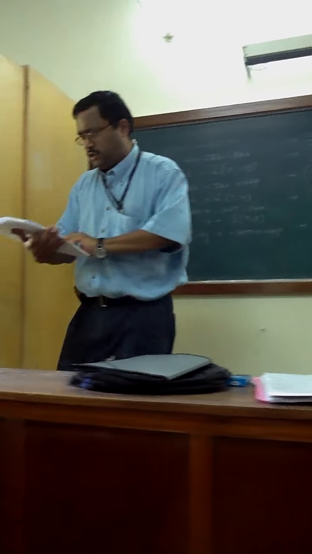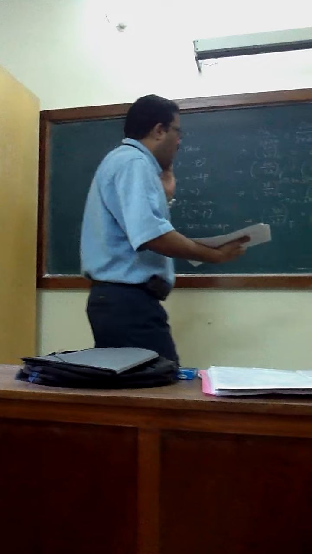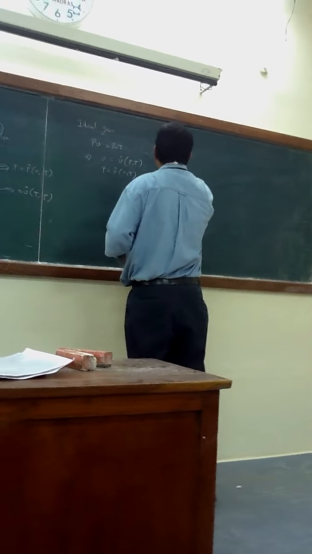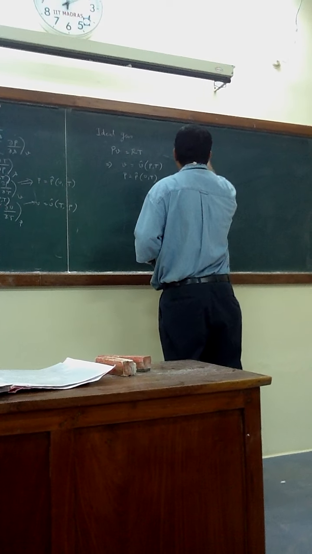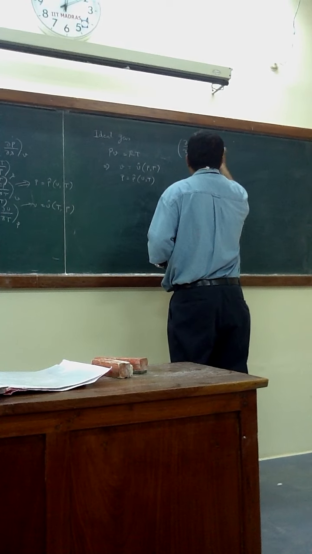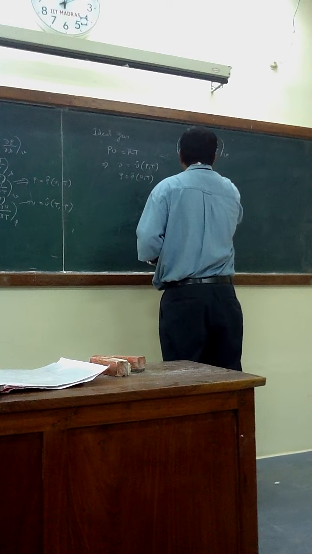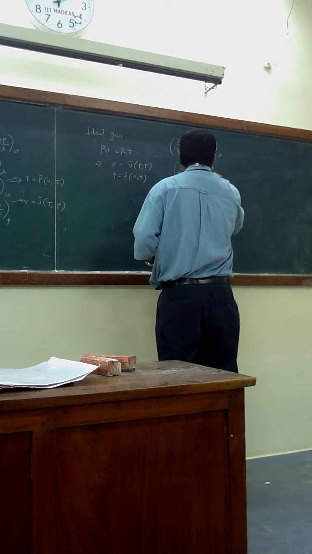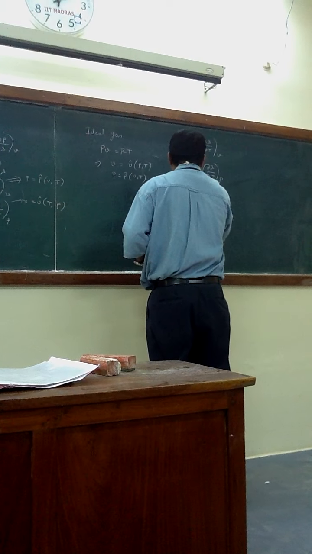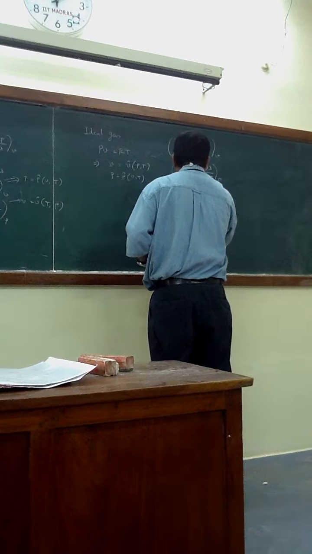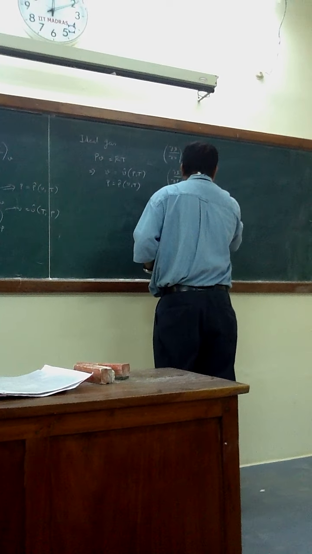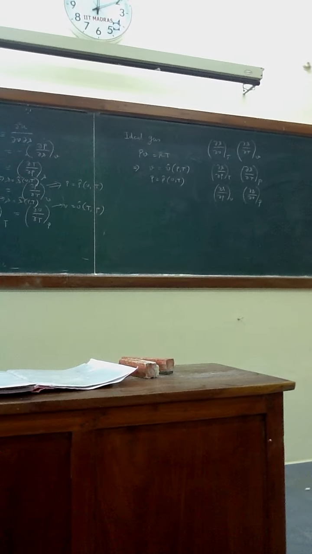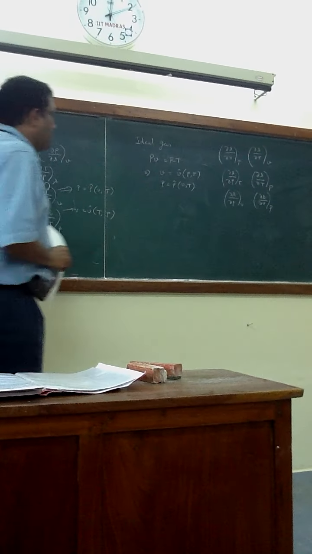So our objective is to get the derivatives ∂S/∂V at fixed T, ∂S/∂T at fixed V, and ∂S/∂T at fixed P. Okay? How to derive, how to get it, this is very important.